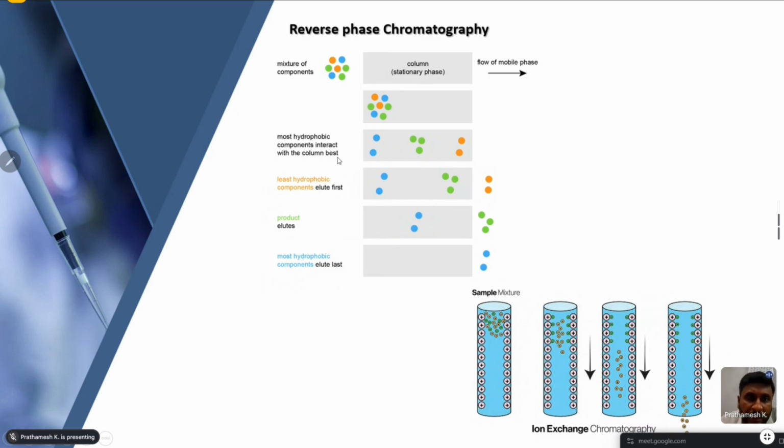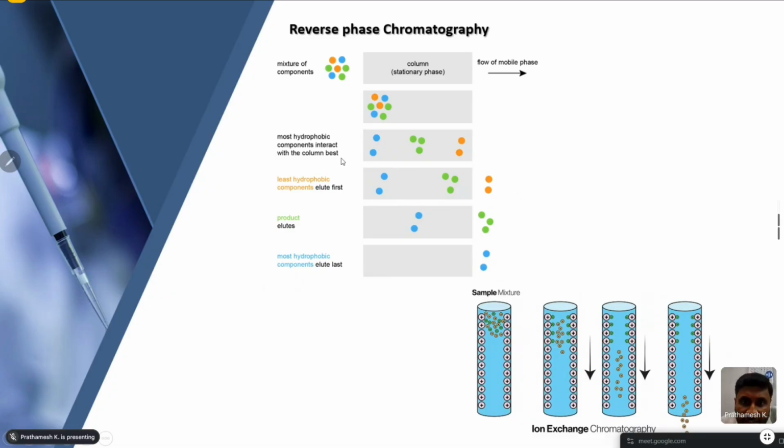The most hydrophobic components interact with the column best. So the components that do not like water, hydro-phobic, water fear. So the compounds or molecules or analytes which do not like water will go and stick to the column. And the least hydrophobic components elute first. Understood? Those who like water come out first.